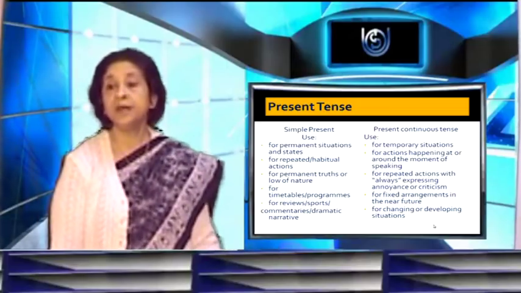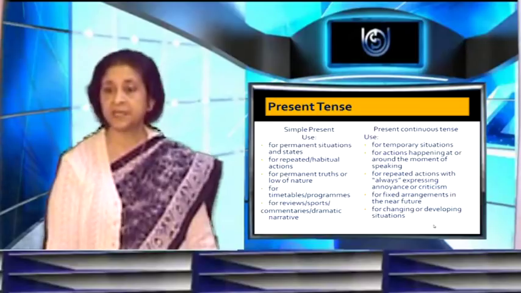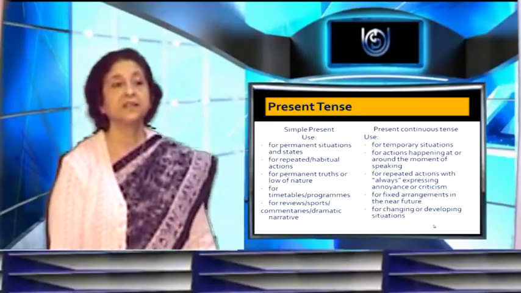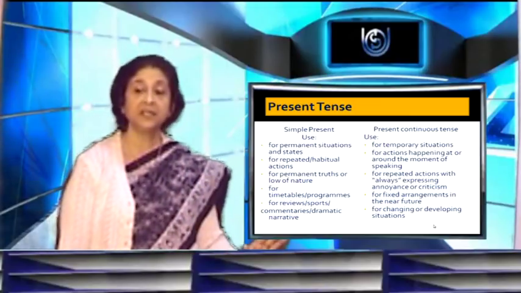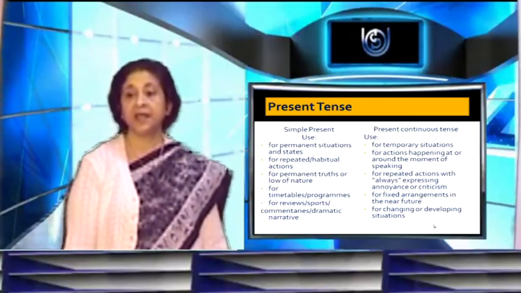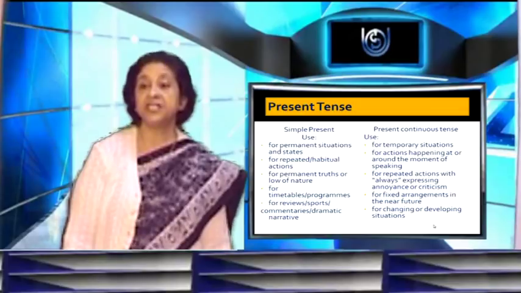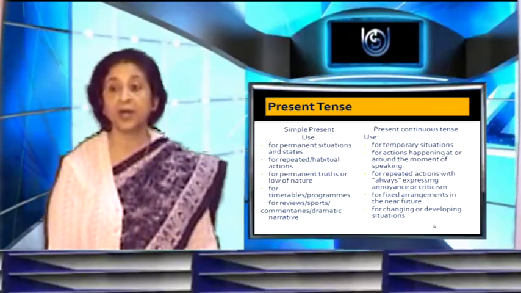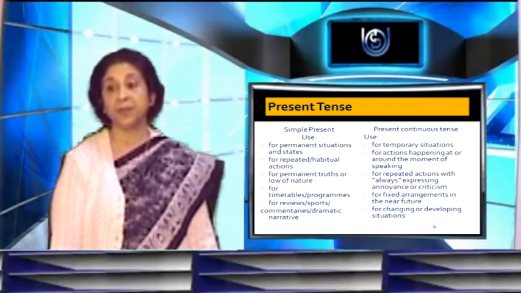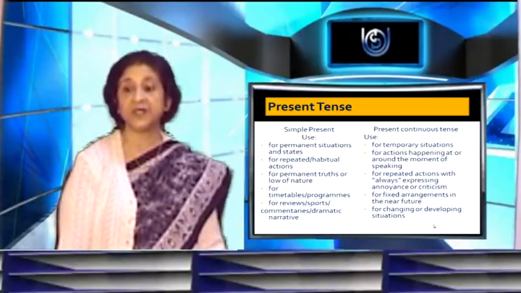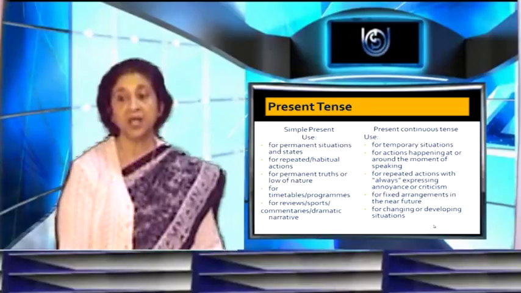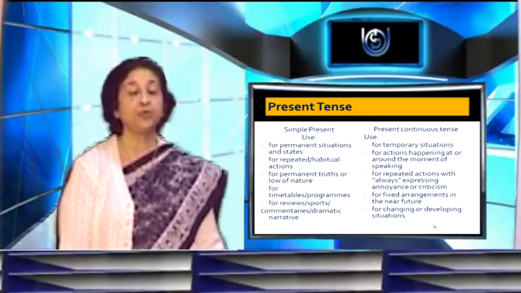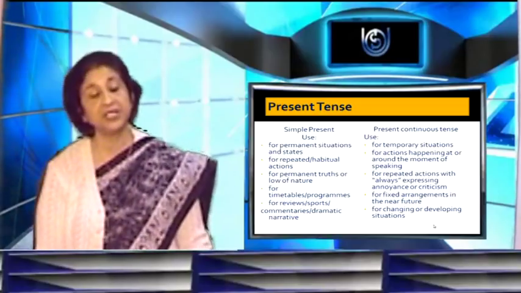Okay. In present continuous tense, some action is always continuously going on. It is used for temporary situations, for actions happening at around the moment of speaking, for repeated actions expressing annoyance or criticism, for fixed arrangements in the near future, and for changing or developing situations. That is present continuous tense.